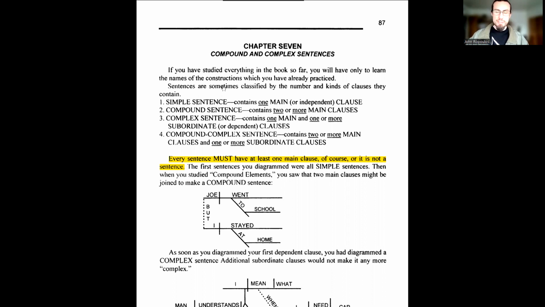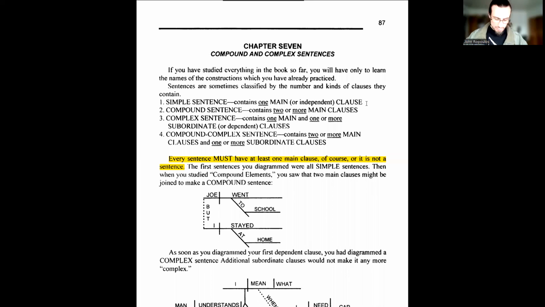So you've done these compound and complex sentences. You've actually diagrammed them before. Now we're just going to give names for them and talk about exactly what constitutes the different types of sentences. The first sentence that we have is a simple sentence, which contains one main or independent clause.